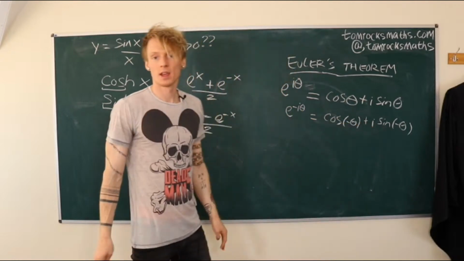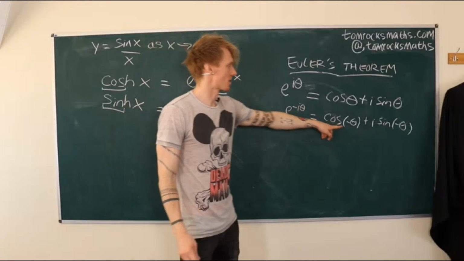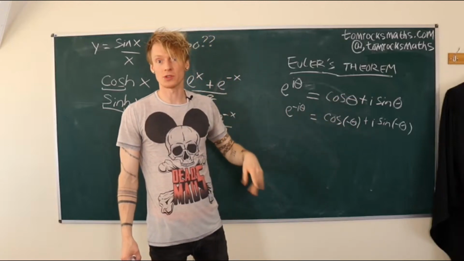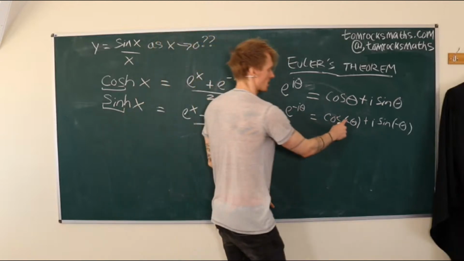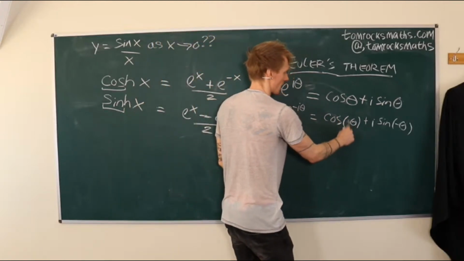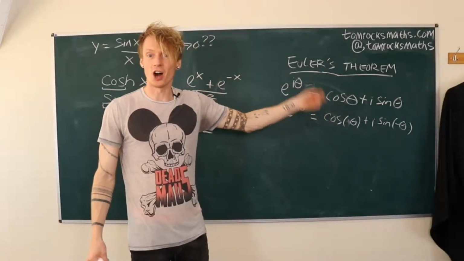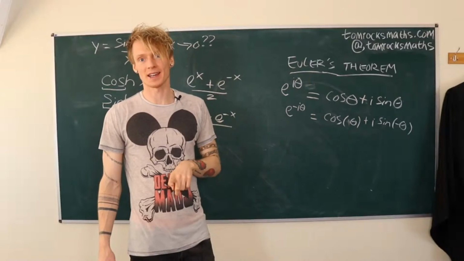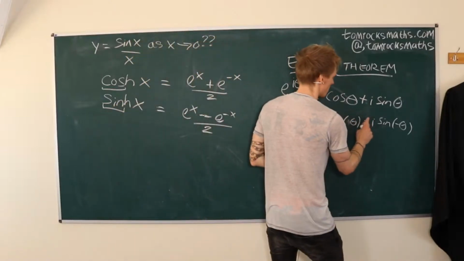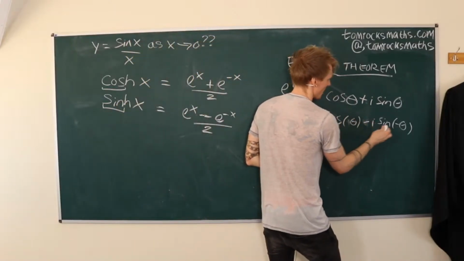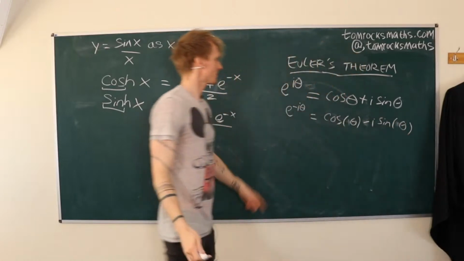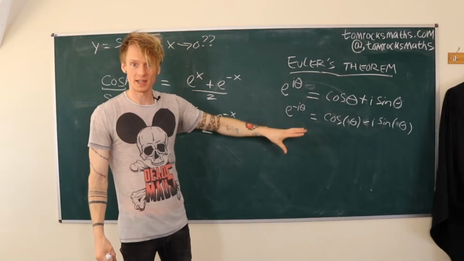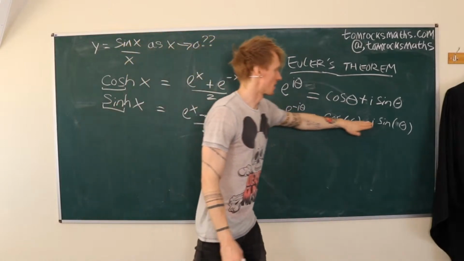But we know that cos is an even function, so cos of x is equal to cos of minus x. So this is actually just cos theta, and we can rub that out. And sine is an odd function, so sine of x is equal to minus sine of minus x. So we can put a minus there and get rid of that one. So e to the minus i theta, using the fact cos is even and sine is odd, gives us cos theta minus i sine theta.